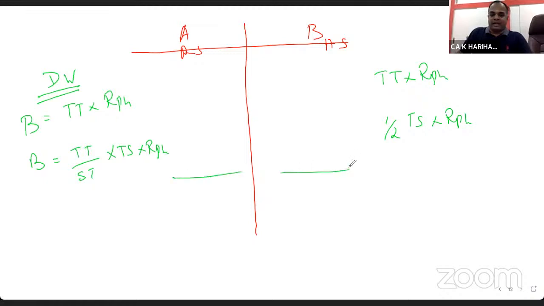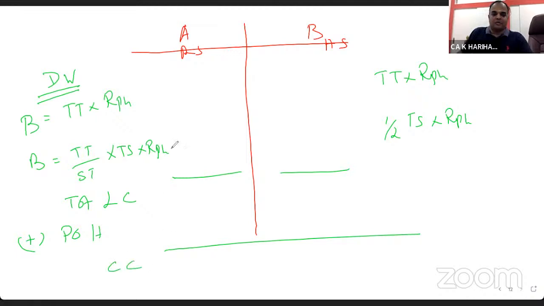I'm writing the format alone, so that we get the total labor cost for location A and location B. Add production or factory overhead, and the total is called conversion cost. Now you know the format.